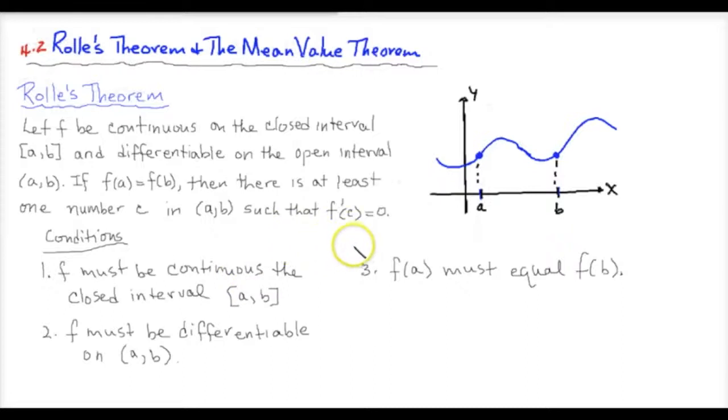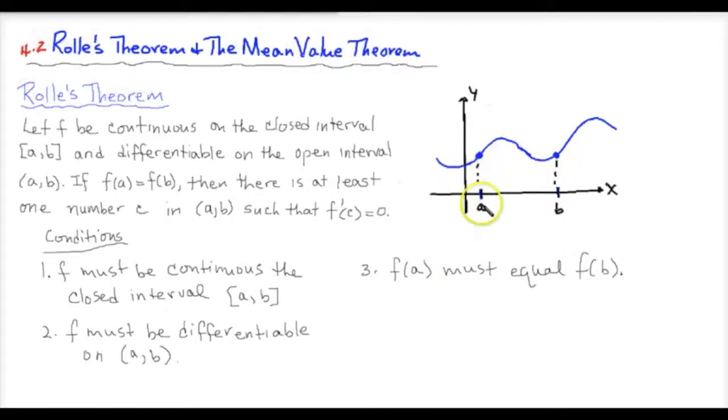Now remember, when we discussed section 4.1, when f prime of C is equal to 0, that means that C has to be a critical point or a critical number. Okay? So what this is saying is we're guaranteed to have at least one critical number when these three conditions are met. Okay? So let's look at this graph to the right.